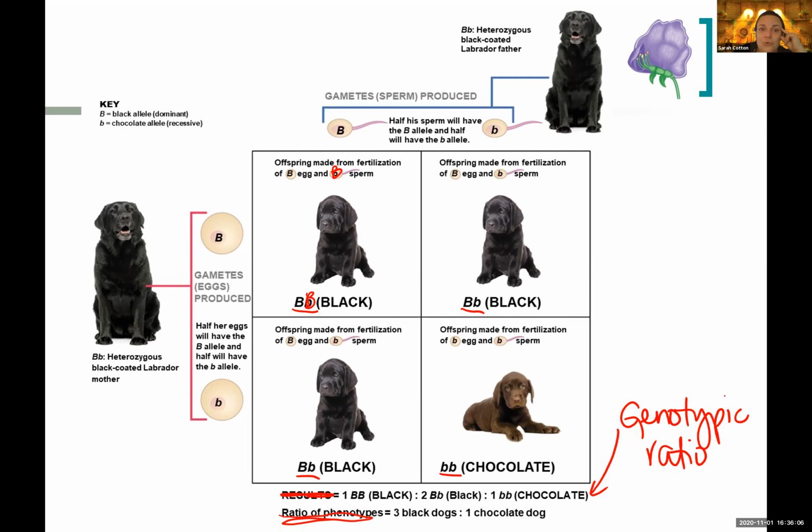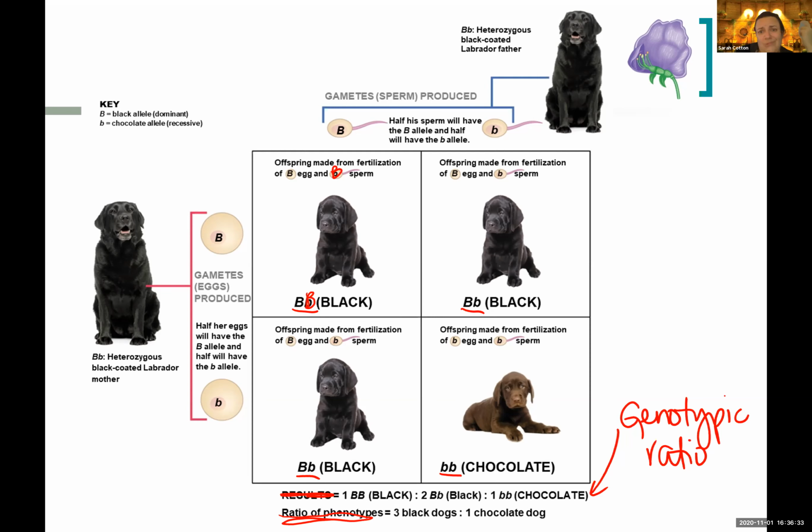So let's say that you are a Labrador Retriever breeder, but you want chocolate labs. You don't want too many black labs because those are harder to sell, right? So if you were trying to get as many chocolate labs as possible out of this, would you want to breed 2 black labs together?